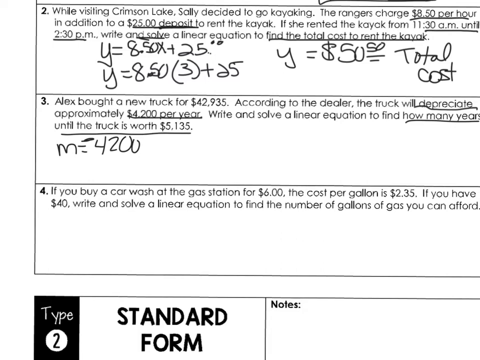All right, because it's decreasing. So your slope is negative 4,200. And your y-intercept, your B, what do you think that's going to be?